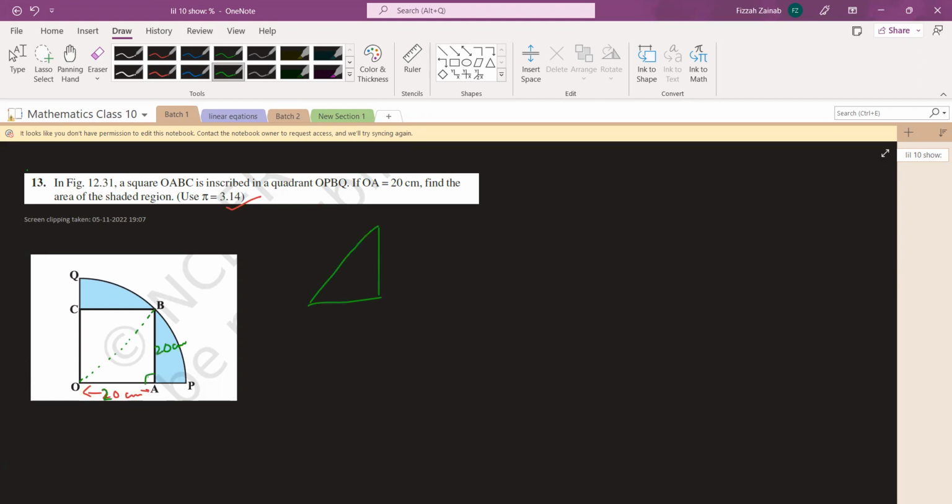So I can use Pythagoras theorem to find the hypotenuse. I'll get OB, and OB is the radius of the circle. See, look at the circle now. OB is the radius of the circle, isn't it? It's touching the circumference. And OB you can find by using Pythagoras theorem in this right angle triangle.